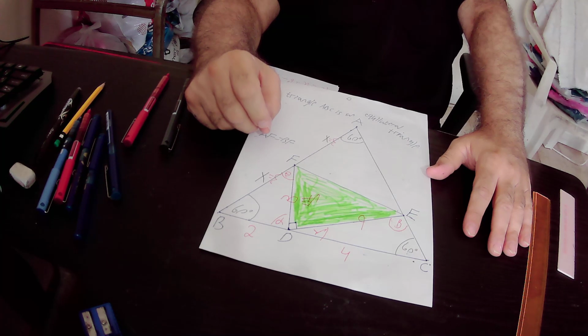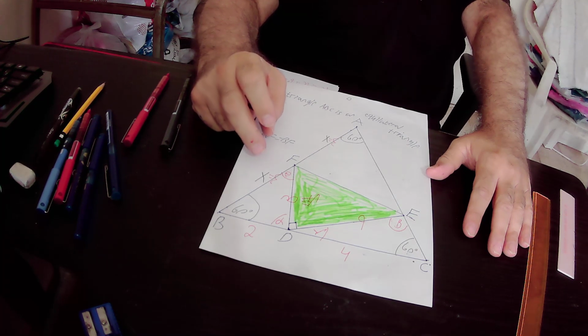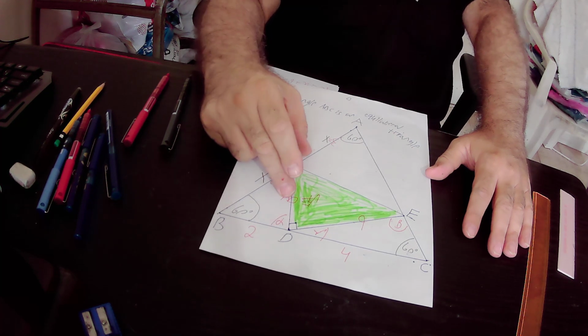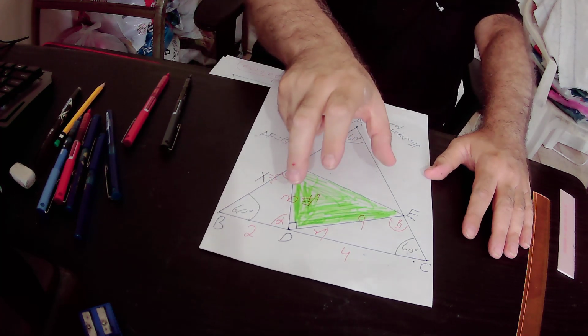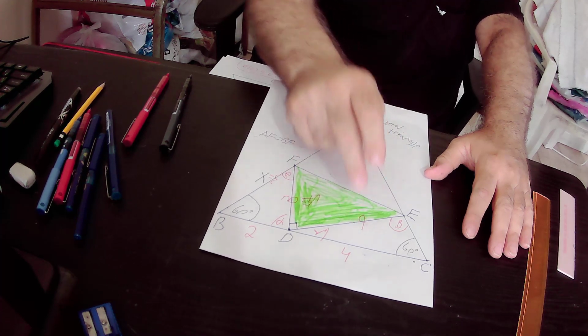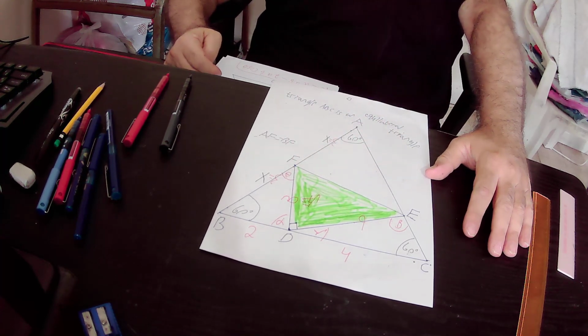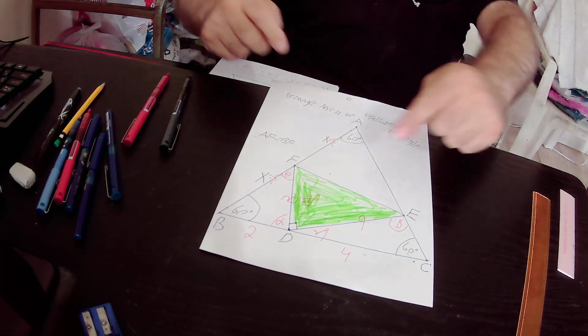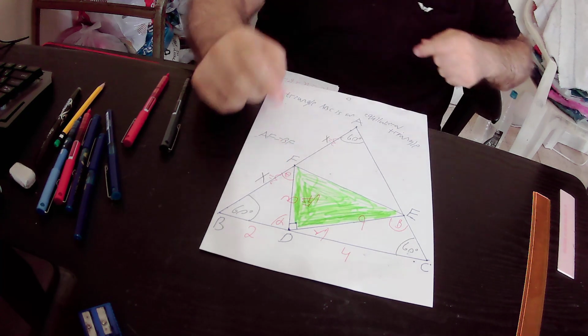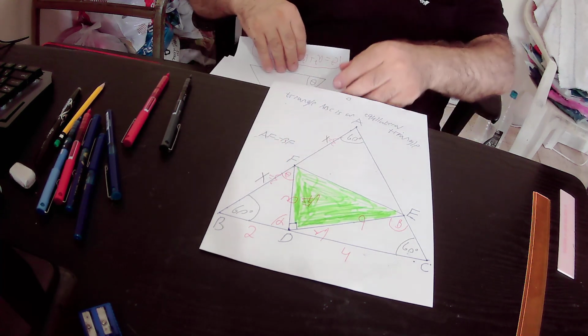Okay, in the next step we will define FD as A, that is, FD equals A, and we'll define DE as B, that is, DE equals B, and we will find the value of DE by the law of cosines. What is the law of cosines?